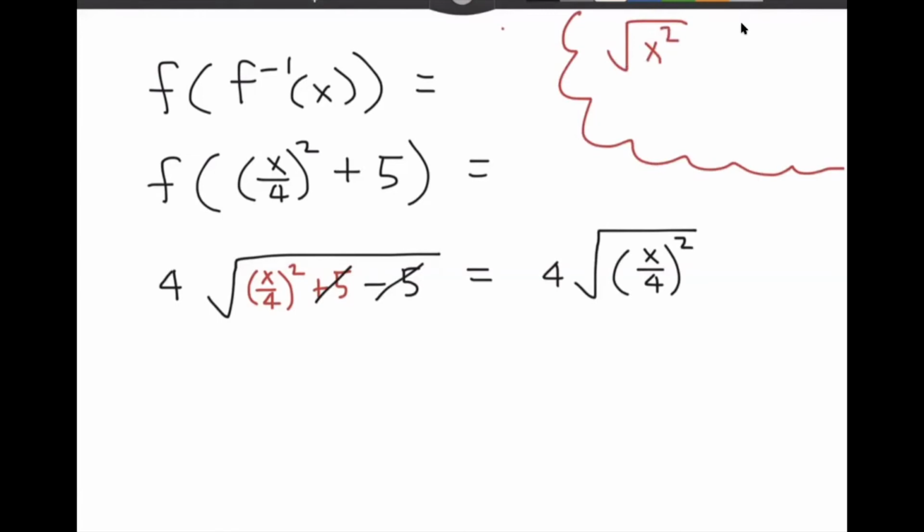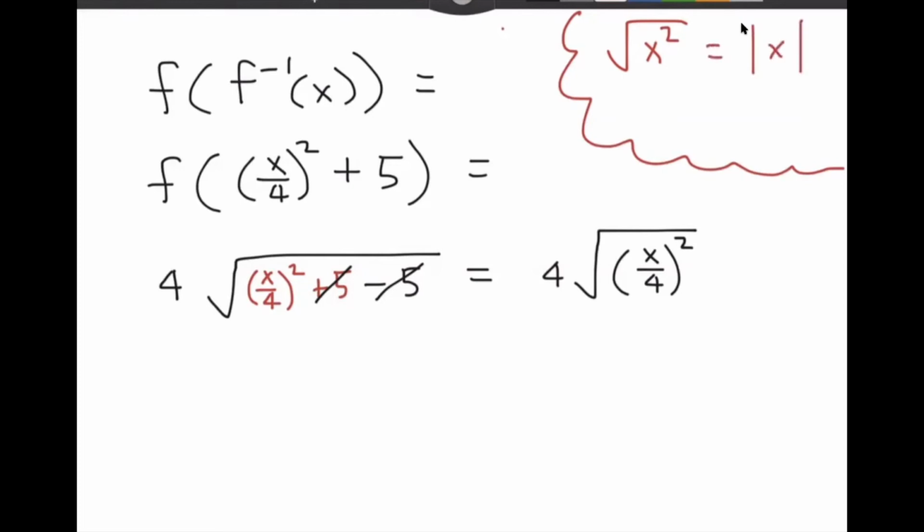If you said x, well, then you weren't totally paying attention in Calc 1. All right. If I don't know anything about x, the best I can say about the square root of x squared is that it is the absolute value of x.